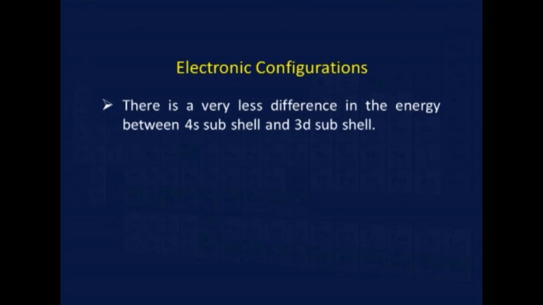If you consider it energy-wise, the valence shell 4s is the outermost shell and should be higher in energy, and 3d should be lower in energy. But there is a very small difference in energy between the 4s subshell and the 3d subshell, and therefore the 4s subshell will be occupied with electrons first, and then electrons will start occupying the 3d subshell.